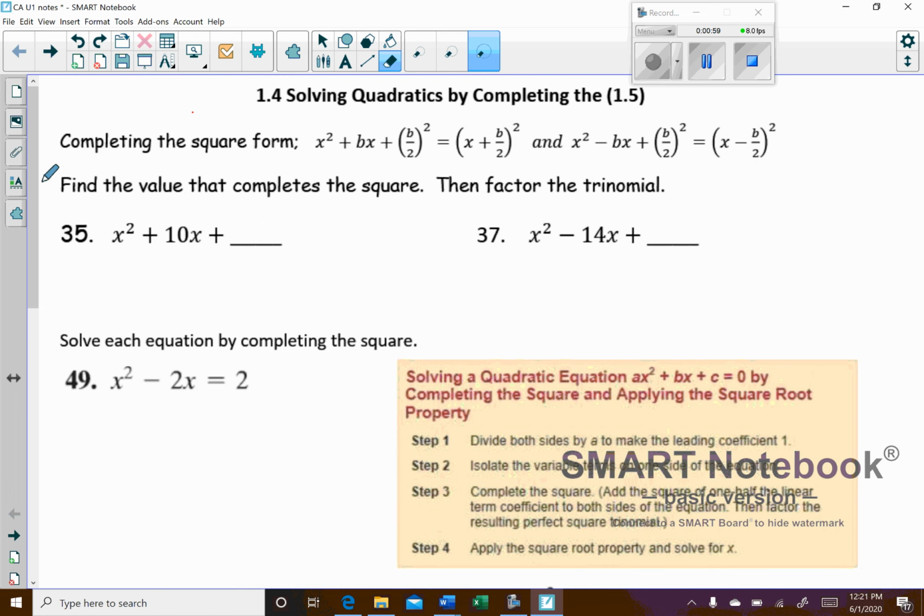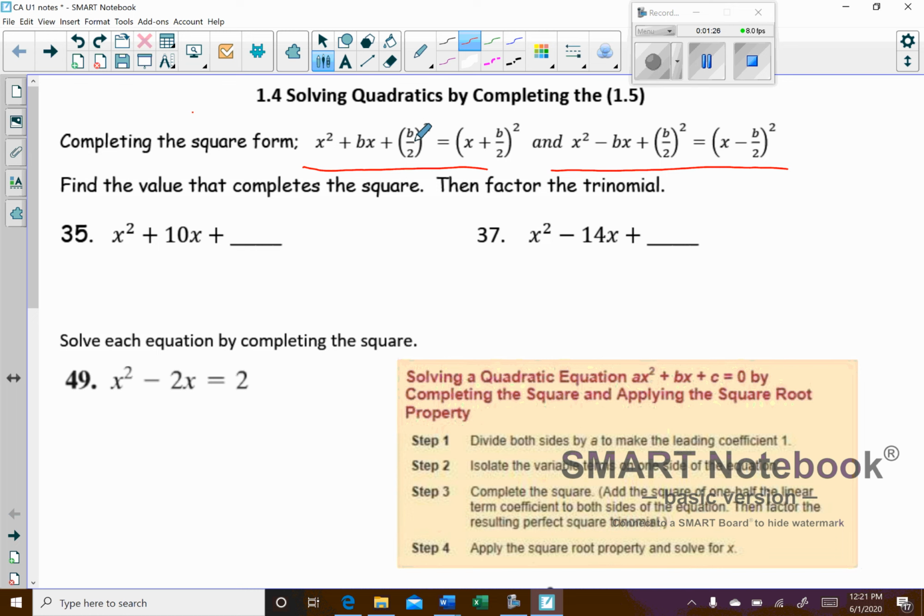Before we do that, we want to talk about this pattern we want to develop in order to be able to do completing the square. What we're going to need here are these things called perfect square trinomials. We talked about that in our very first section of notes. There's a pattern for a perfect square trinomial, right here.